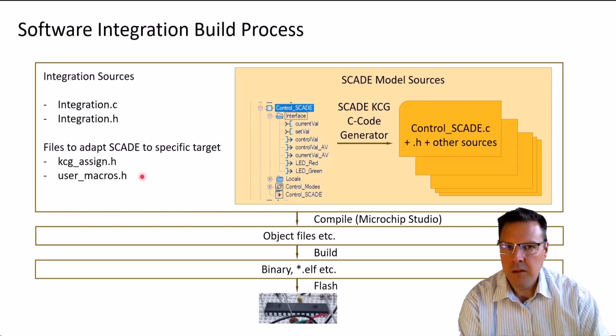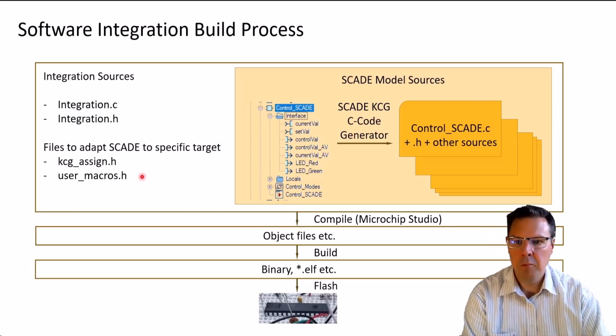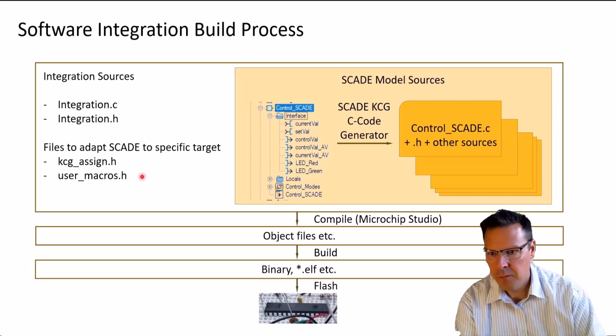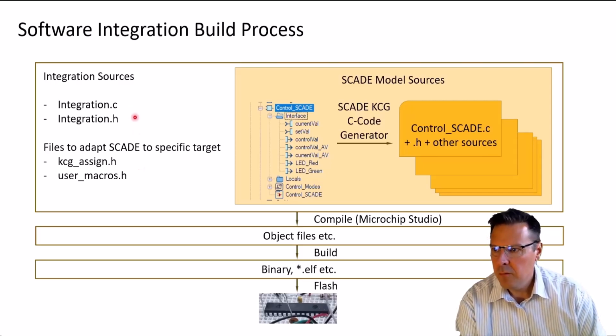The user macros, for instance, are telling SCADE how the SCADE data types map to the target data types. So there is a KCG bool, for instance, and the Microchip IDE will provide kind of a standard bool. And to map this KCG bool and the bool, this is done in the user macros.